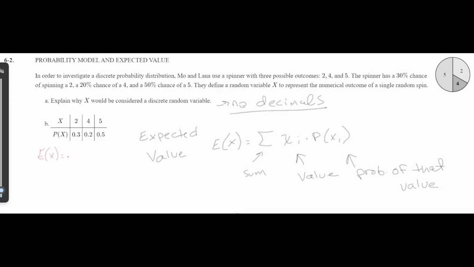So the expected value of this situation is just going to be 2 times 0.3 plus 4 times 0.2 plus 5 times 0.5. So we end up getting an expected value of 3.9.